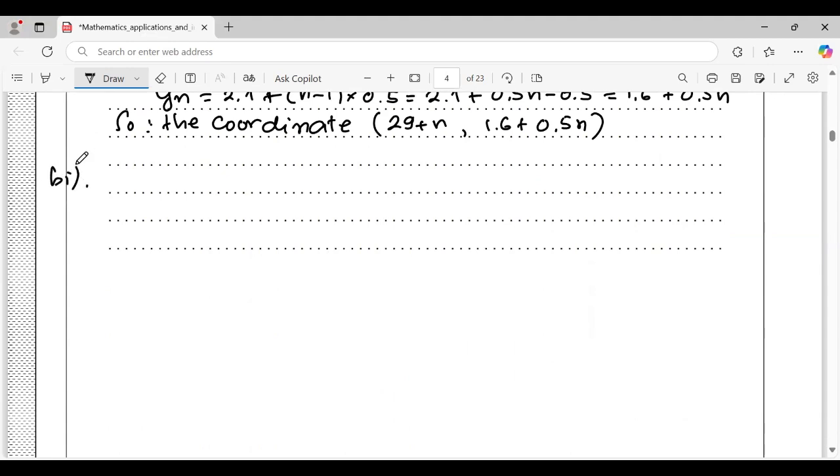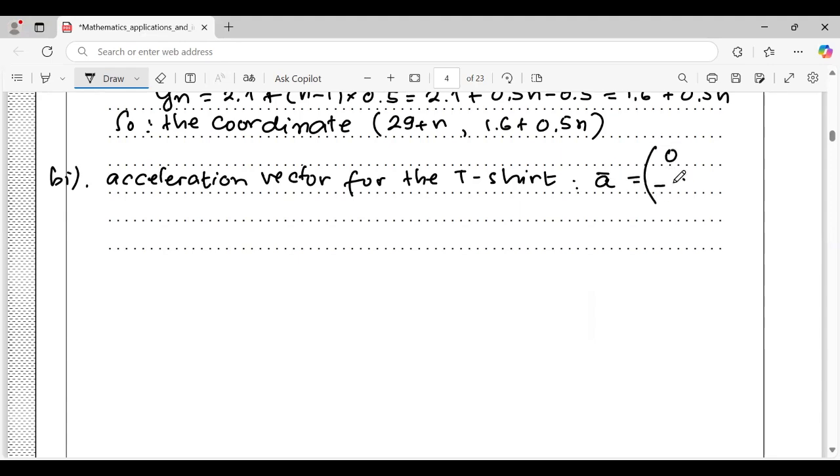B part 1. The acceleration vector for the shirt is 0 and minus 9.8 meters per second squared.